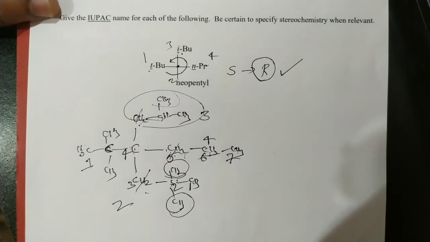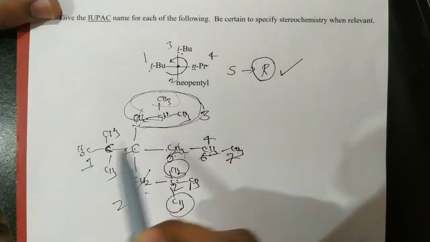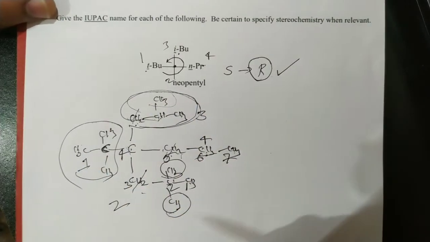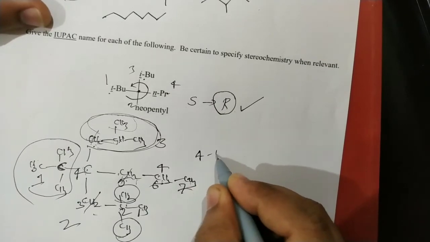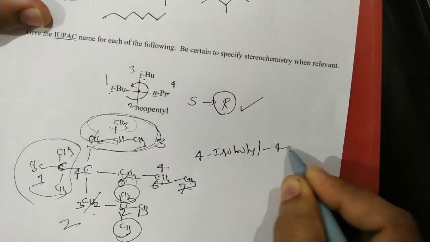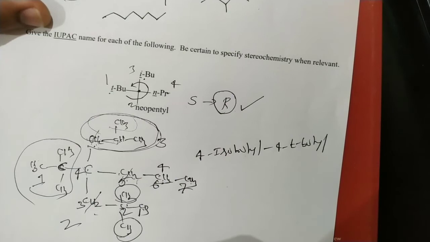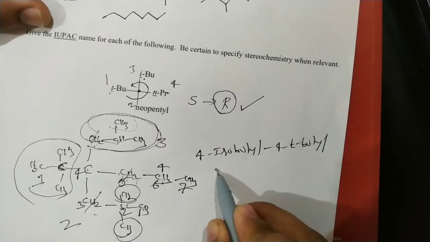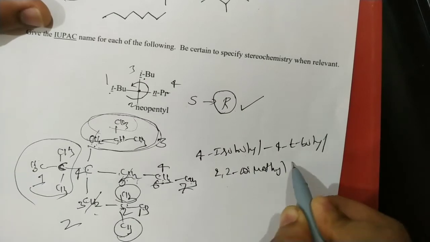Now on the fourth carbon there is an isobutyl group and on the fourth carbon a tertiary butyl group. So 4-isobutyl and 4-tertiary butyl, 2,2-dimethyl heptane.